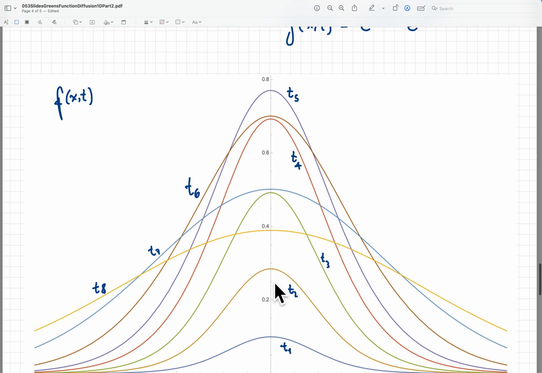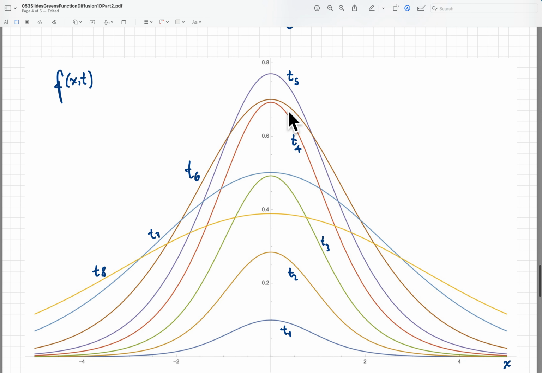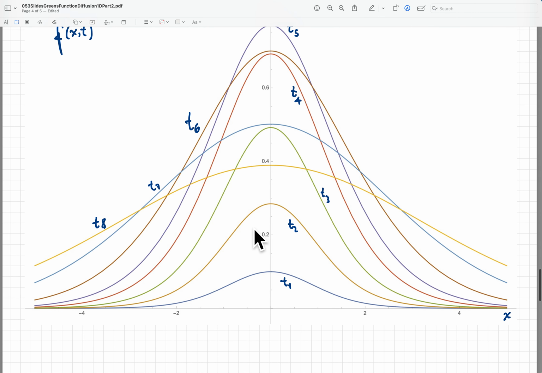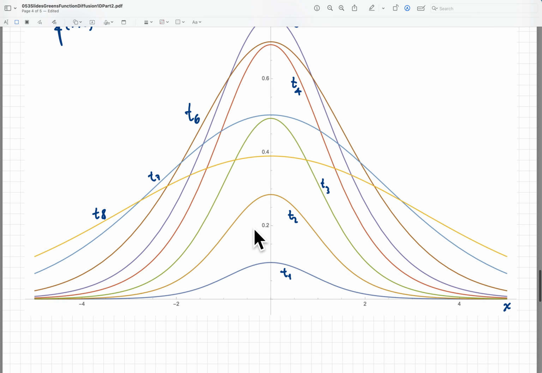And so as we get to later and later times, it reaches some maximum, and then after that, as we go from T5 to T6 to T7 to T8, it decays again, and eventually goes down to 0 at very, very large times, as it is not driven by anything.